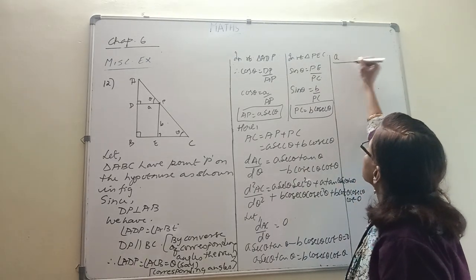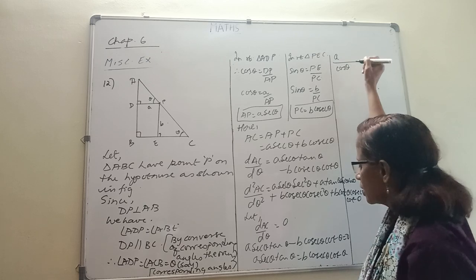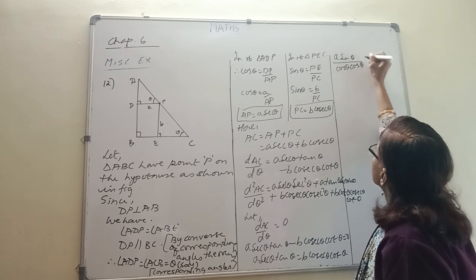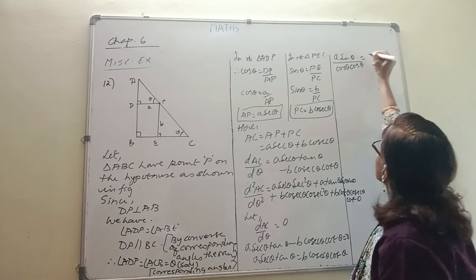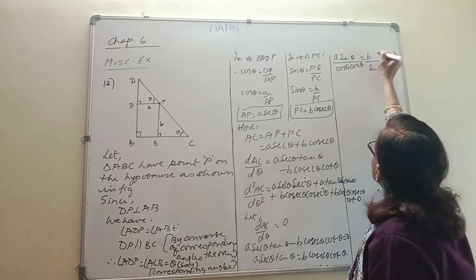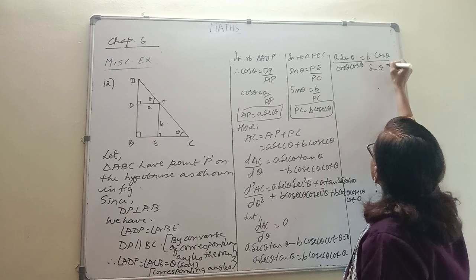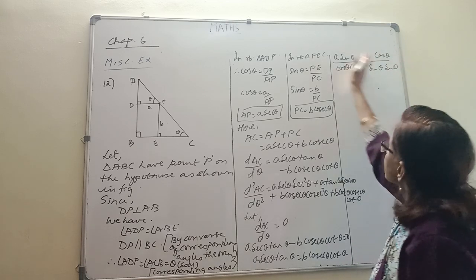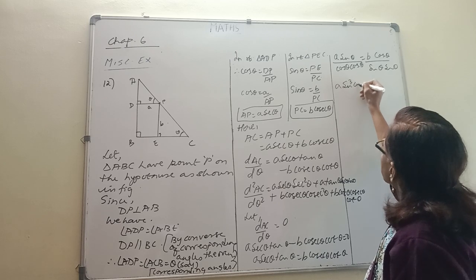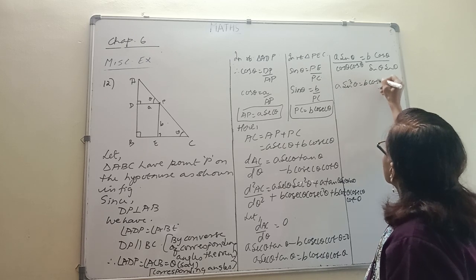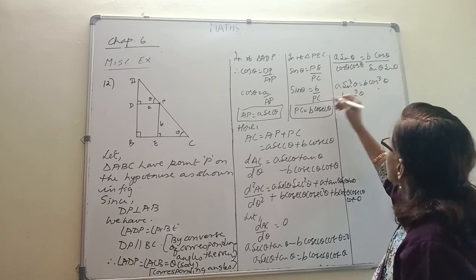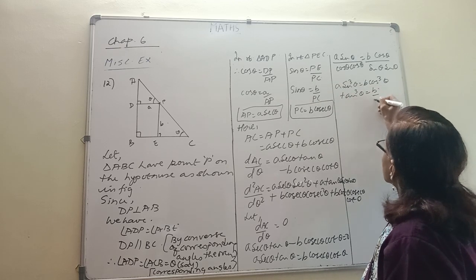A sec theta means 1 over cos theta, and sine theta over cos theta for tan, and on the other side it is cosec, that is 1 over sine theta, and then cos theta over sine theta. Let's take this on this side, so a sine cube theta equals b cos cube theta, tan cube theta, by bringing the cos cube on the side, is b over a.